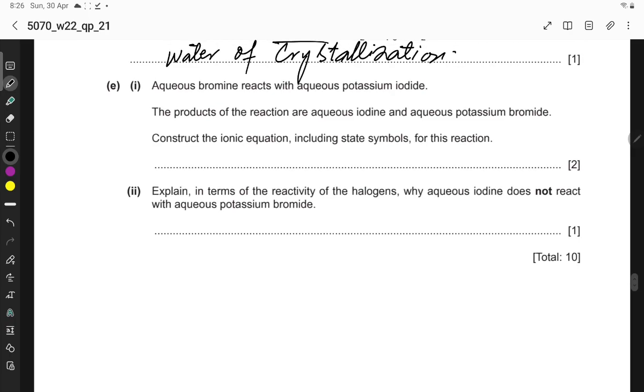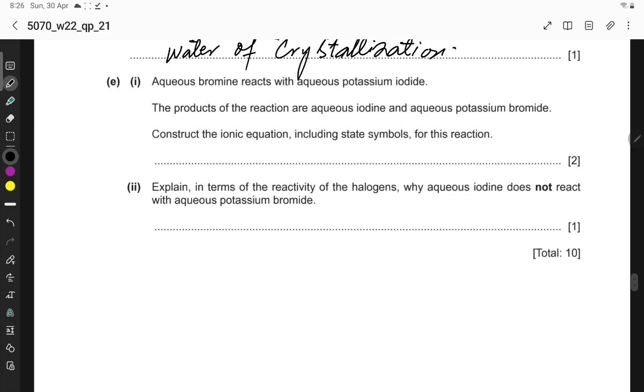Aqueous bromine reacts with aqueous potassium iodide. The products of the reaction are aqueous iodine and aqueous potassium bromide. Construct the ionic equation including state symbols for this reaction.